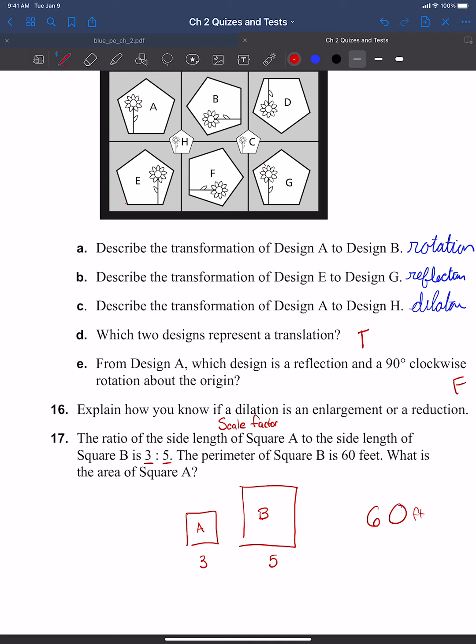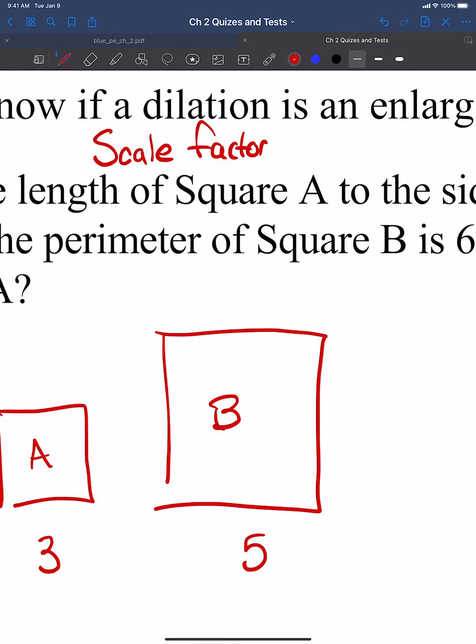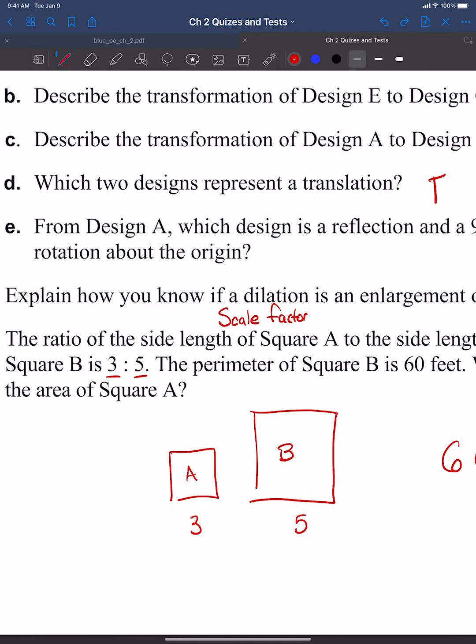What could the area then of square A be? Okay, hold on. If each of these sides was 5, is 5 plus 5 plus 5 plus 5 60? No. So here's what I'm thinking. They gave us the ratio 3 to 5 as a pre-reduced fraction.